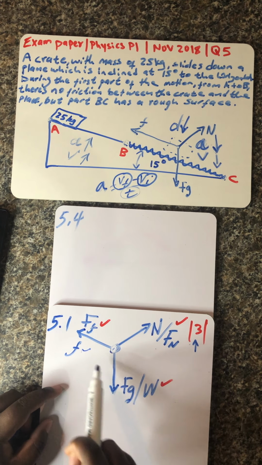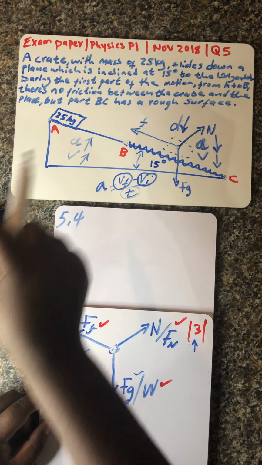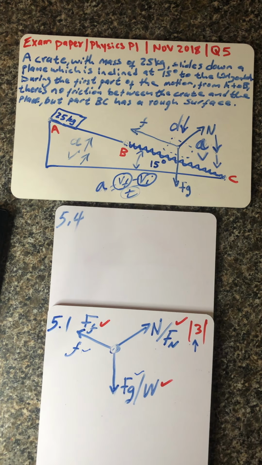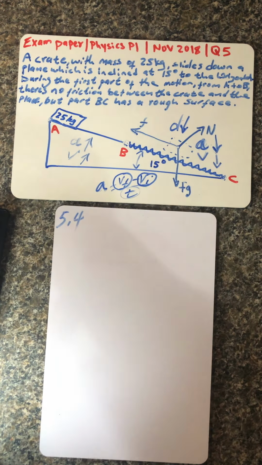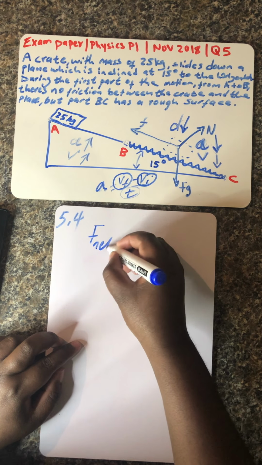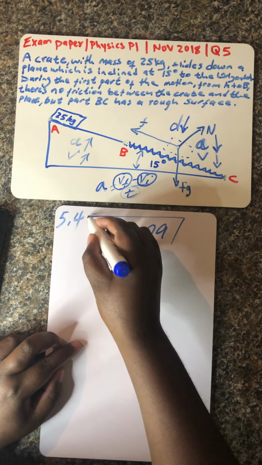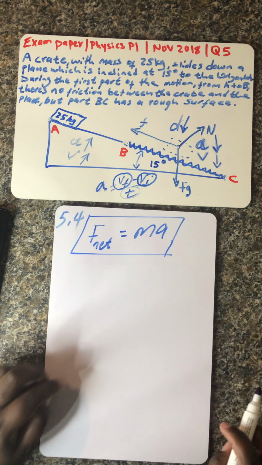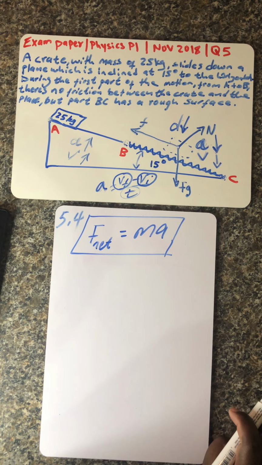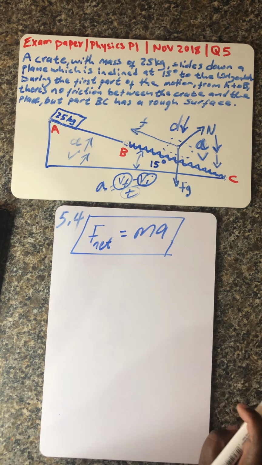So that means you've got 2 forces acting on that crate as it moves between B and C. So let's now formulate. Remember the formula I've just indicated to you, that is F net is equal to ma. This formula, guys, is very important. You just need to understand this formula, and then from there what you do is just expand this formula based on the information that you have.